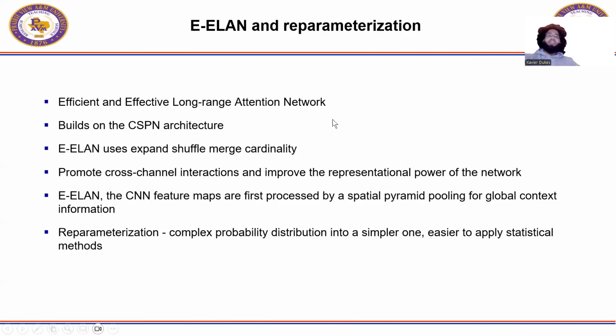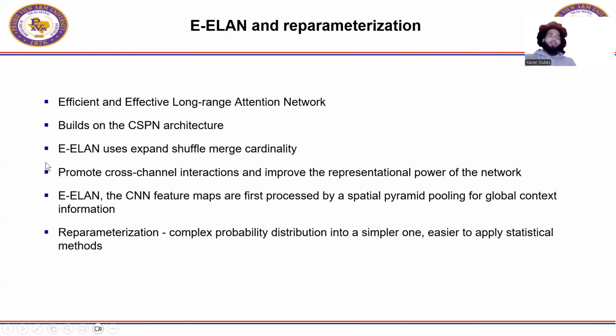You have EELAN and reparameterization. You have the efficient and effective long-range attention network, and this builds on the cross-stage partial network architecture. ELAN uses expand, shuffle, merge cardinality, which promotes cross-channel interaction and improves the representational power of the network.